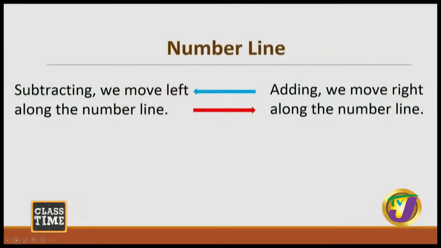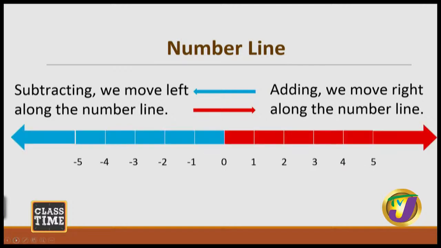So we're going to be using the number line to help us to add and subtract directed numbers. Now, when we subtract, we move to the left along the number line. And when we're adding, we move right along the number line.